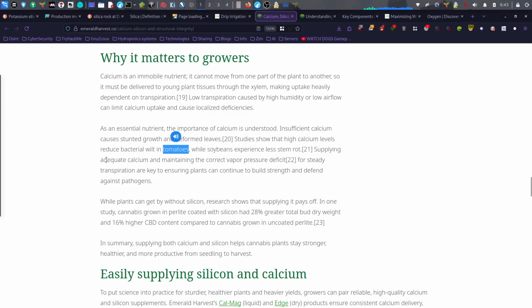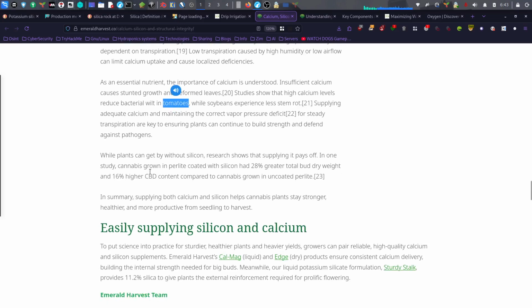Supplying adequate calcium and maintaining the correct vapor pressure deficit for steady transpiration are key to ensuring plants can continue to build strength and defend against pathogens.